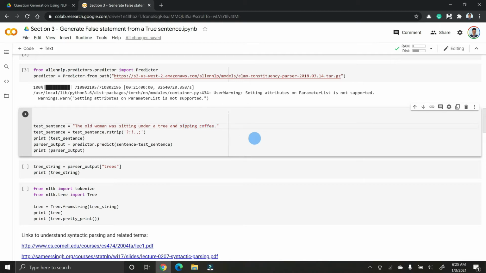So first I have this sentence in this variable. I'm removing any ending periods or question marks. I'm passing this sentence into our predictor function of Allen NLP, and we print the parser output here.